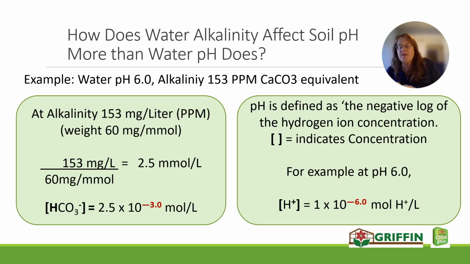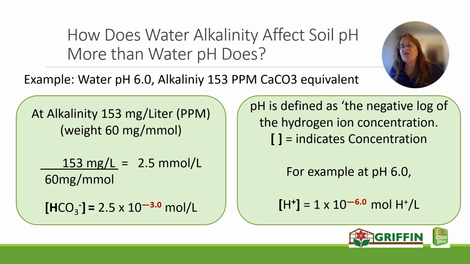To compare the amount of each of these ions in a liter of water, we're going to calculate in terms of number of molecules. That's millimoles or moles. So for 153 parts per million, the bicarbonate concentration is 2.5 times 10 to the minus 3 moles per liter.